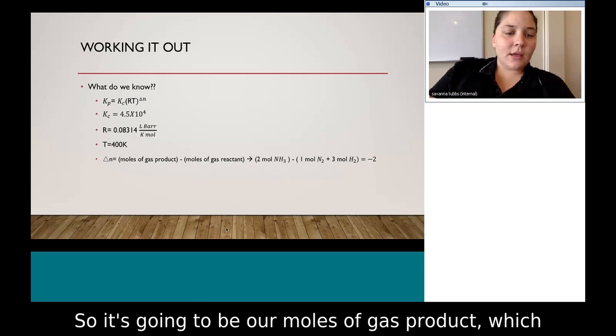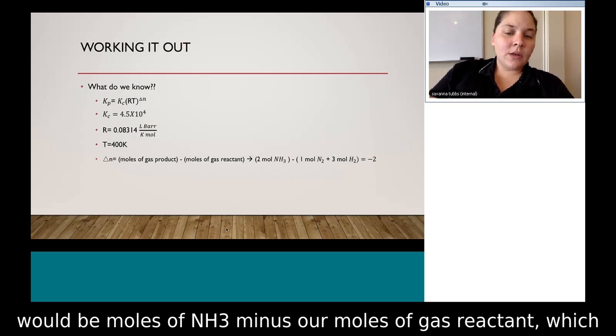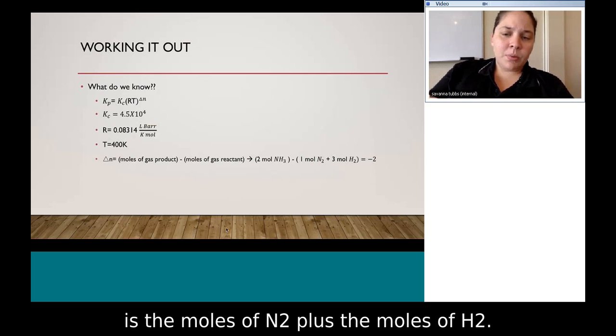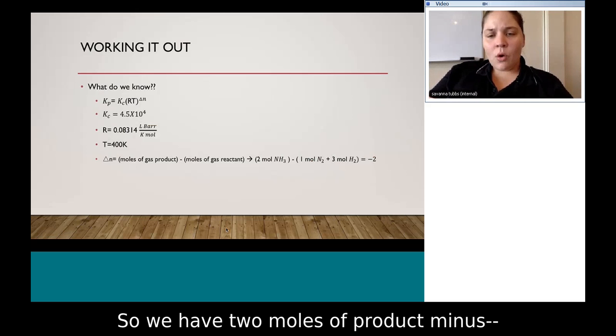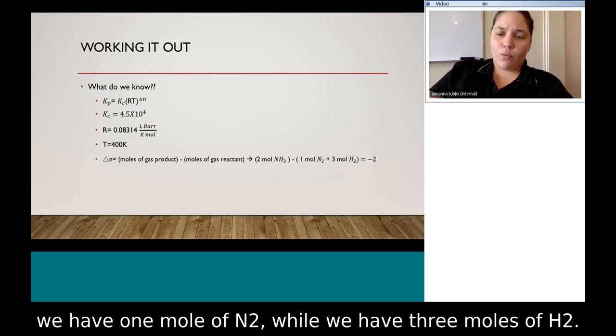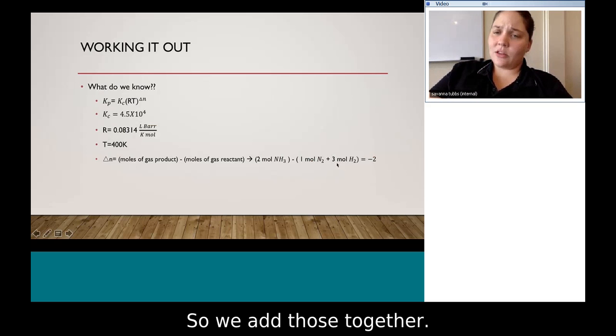So it's going to be our moles of gas product, which would be moles of NH3, minus our moles of gas reactant, which is the moles of N2 plus the moles of H2. So we have 2 moles of product minus we have 1 mole of N2 while we have 3 moles of H2, so we add those together.